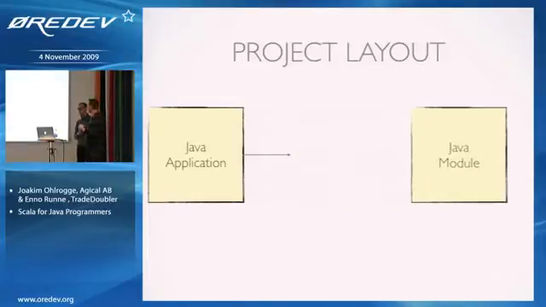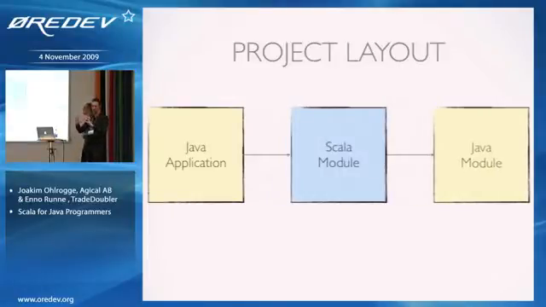Then you refactor that one so that it stands alone already in Java, and then put a Scala module in between. Once we've done that, we can move code from the Java module to the Scala module and rename it to Scala. And voila, we now have a Scala compilation unit, maybe is the word for it, that doesn't compile because it's Java, right? But this is our first step in our conversion.